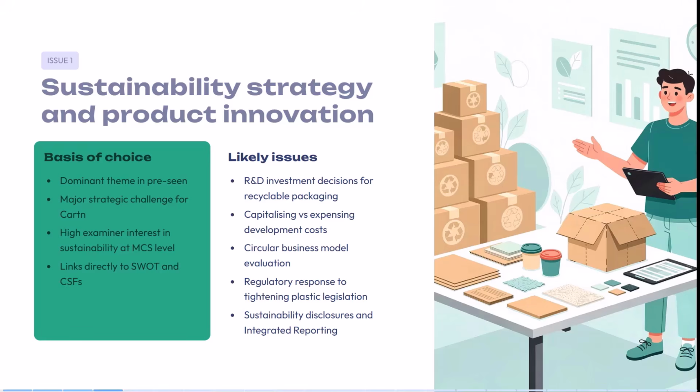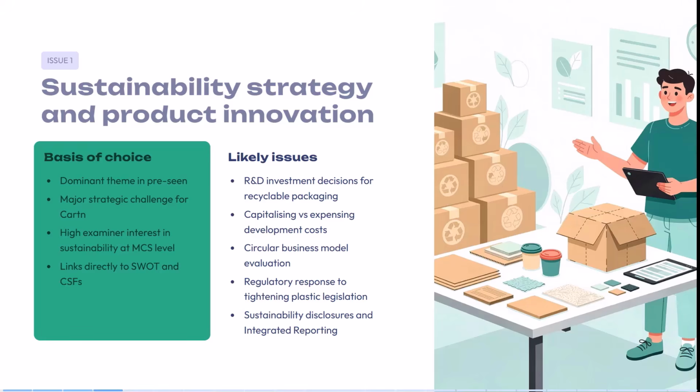And the penultimate issue we've got here is regulatory response. So perhaps a new law or tighter regulation restricting non-recyclable packaging, perhaps banning certain laminate constructions or requiring minimum recycled content. And you might have to evaluate how Cartn should respond strategically and operationally.